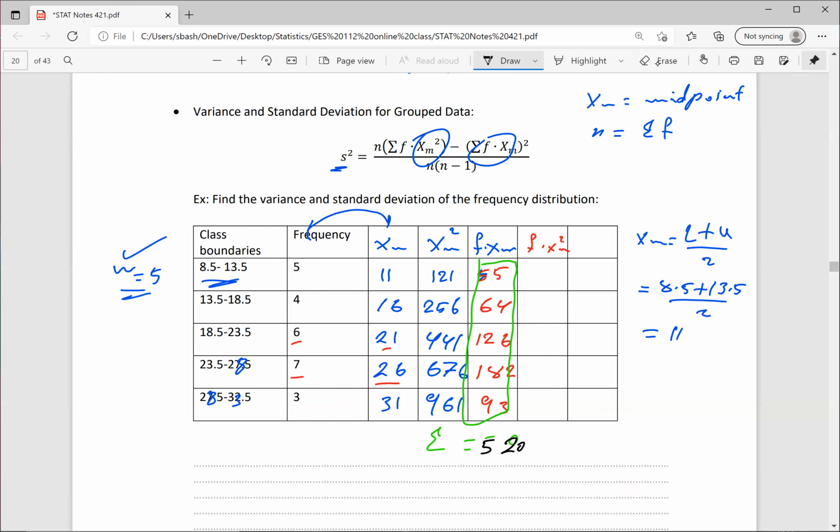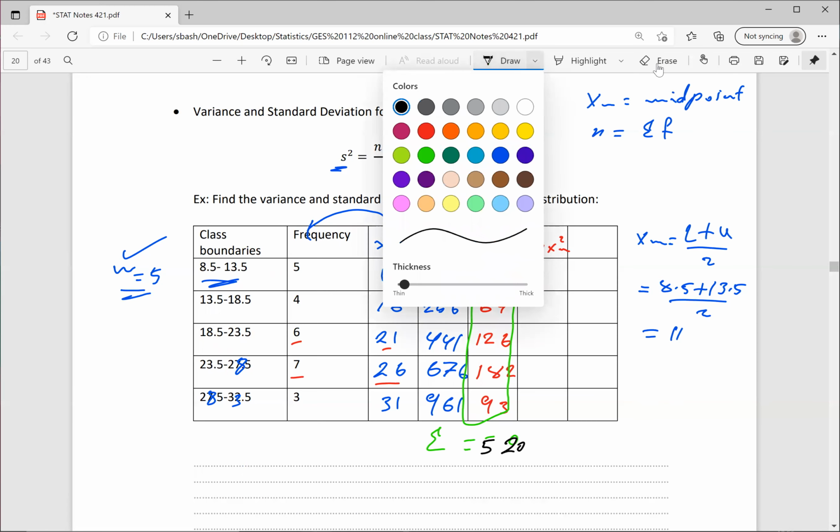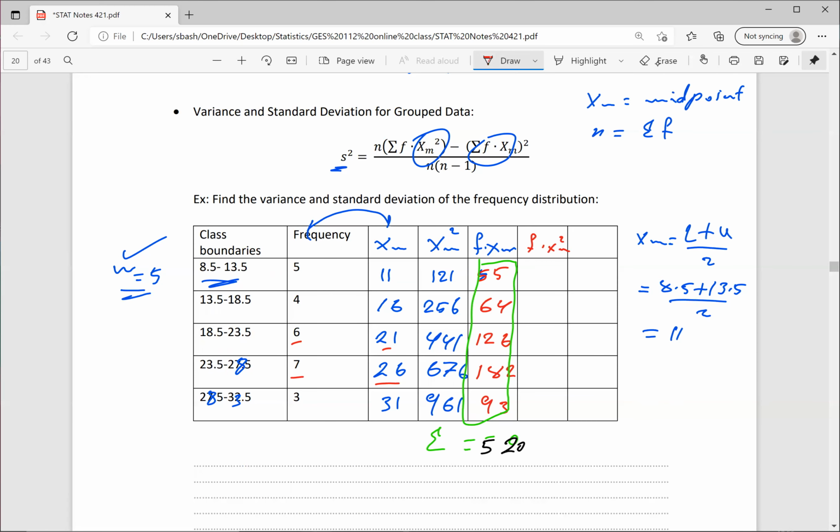Now for the next one, let's multiply the frequencies with the square of the midpoints.